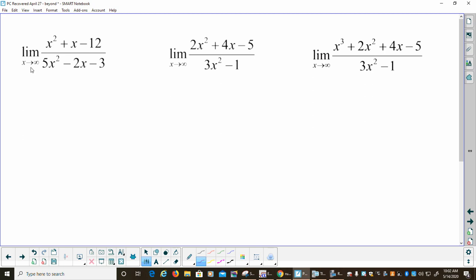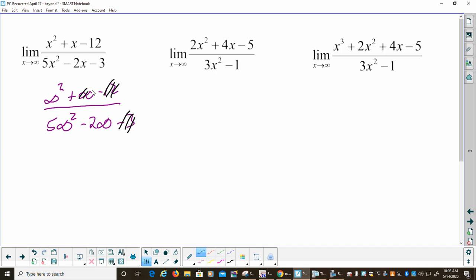Okay, fill them in. Infinity squared plus infinity minus 12 over 5 times infinity squared minus 2 times infinity minus 3. So we're comfortable at this point, should be, that these just cancel out. I'm hoping you're comfortable that this piece compared to this piece, this is tiny.